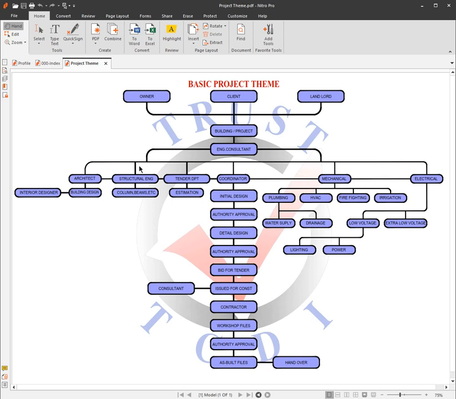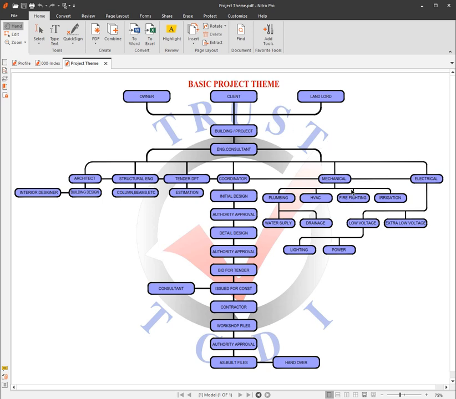After that they calculate how many people will live in the building and the total load per floor, and according to that they calculate their beam sizes and column sizes.